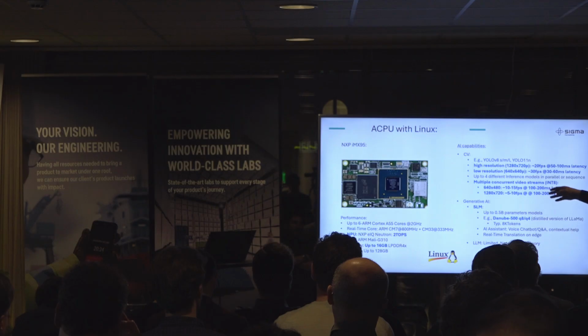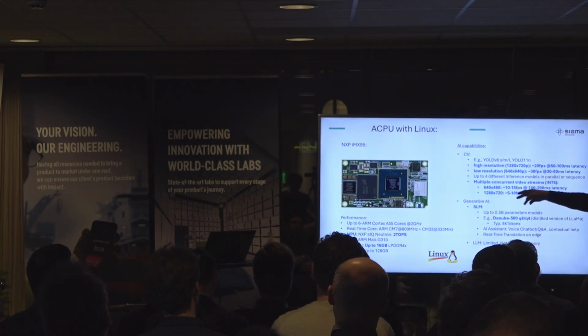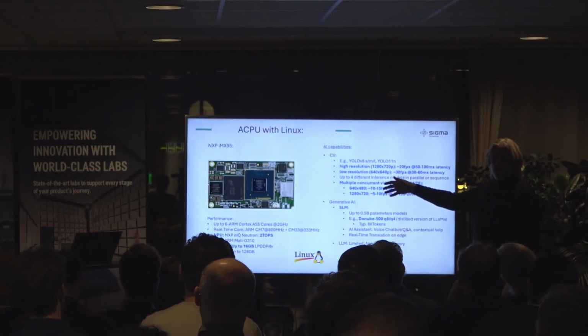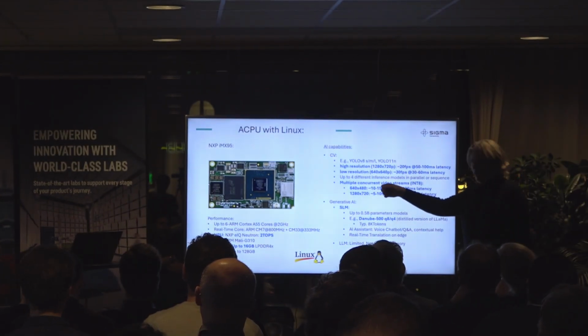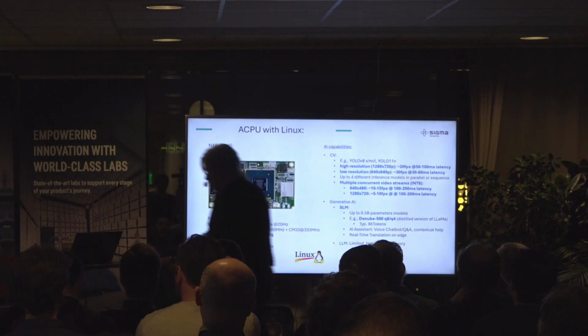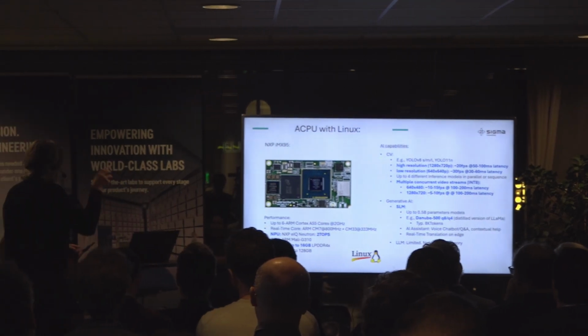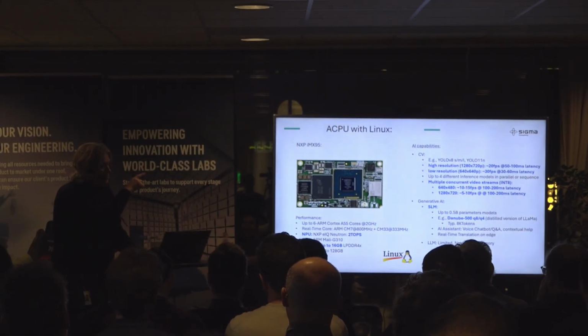Then you have approximately 100 to 200 millisecond latency, and you get something like 10-15 frames per second in the lower resolution, and 5 to 10 frames per second for the HD. That's not really that much, right? And this is where a lot of application processors today are, and this is very new.